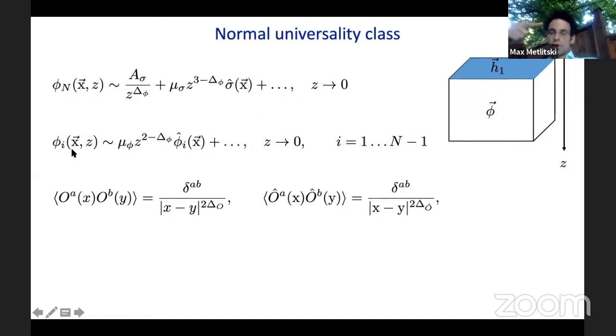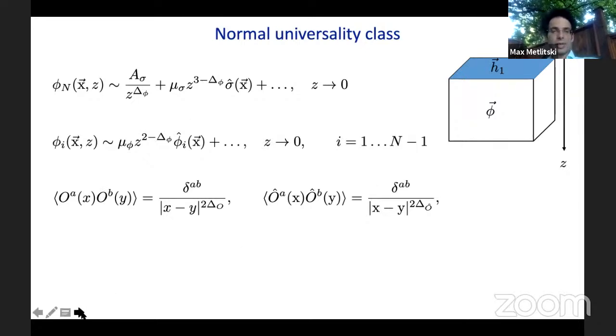And then for the transverse components of the bulk field, the ones perpendicular to the surface magnetic field, there is no expectation value, but there is some leading boundary operator here. So boundary operators are denoted with a hat, and bulk operators are denoted without hats, and we normalize operators in this way, such that both bulk operators and boundary operators are normalized to identity.